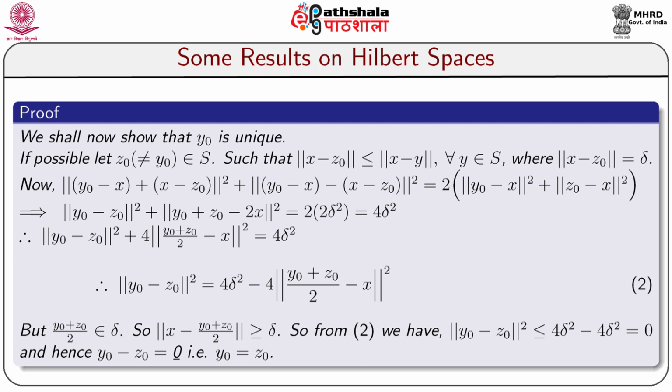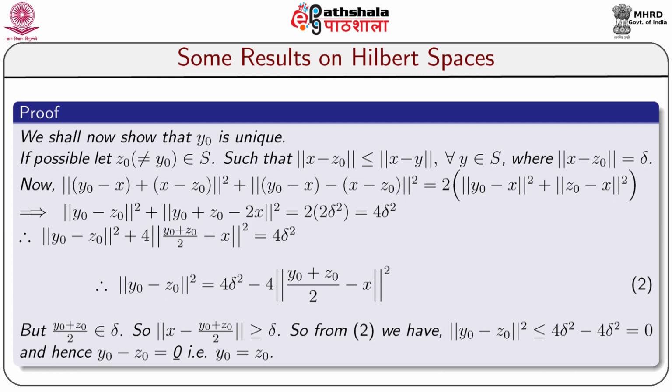Now, norm of (Y0 minus x plus x minus Z0) whole square plus norm of (Y0 minus x minus x minus Z0) whole square is equal to 2 times (norm of Y0 minus x square plus norm of Z0 minus x square), which implies that norm Y0 minus Z0 square plus norm of (Y0 plus Z0 minus 2x) square equals 2 into 2 delta square, equal to 4 delta square.